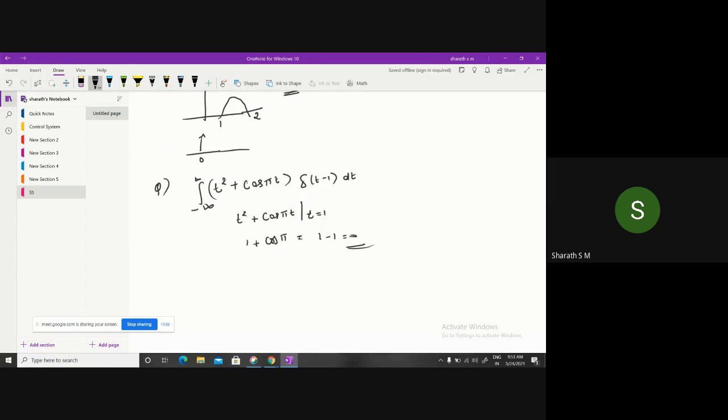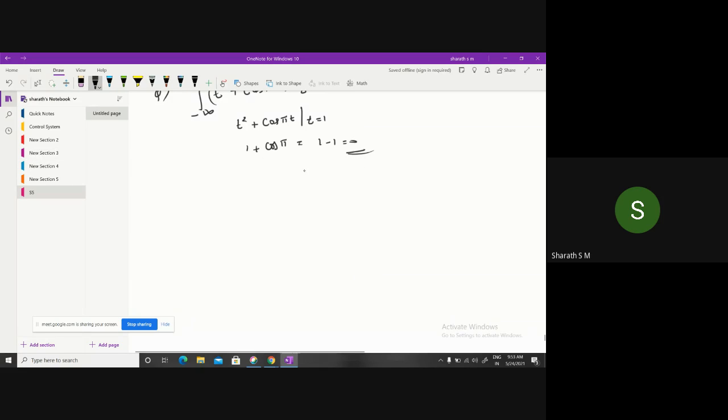Next question. Integral from minus infinity to plus infinity of e power minus t into delta of 2t minus 2 dt.